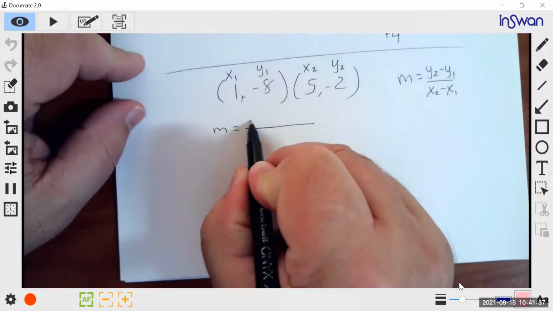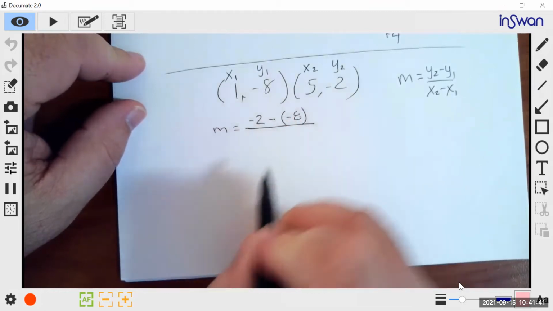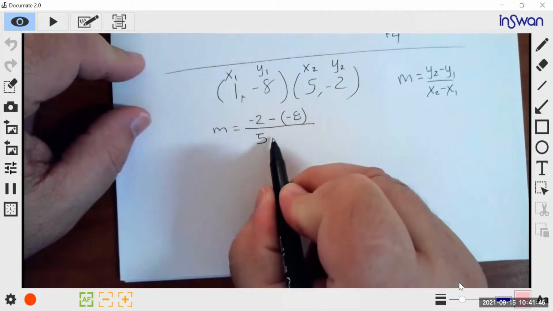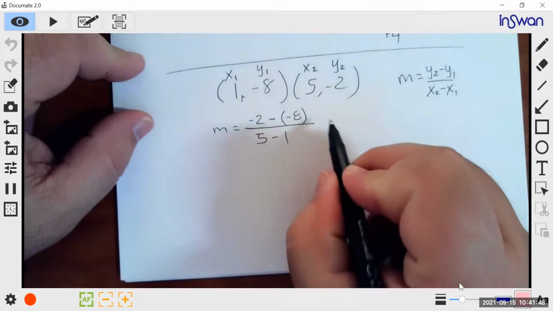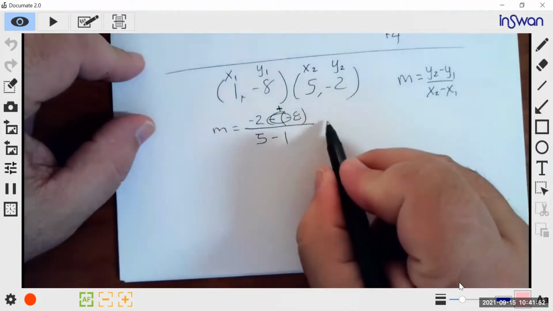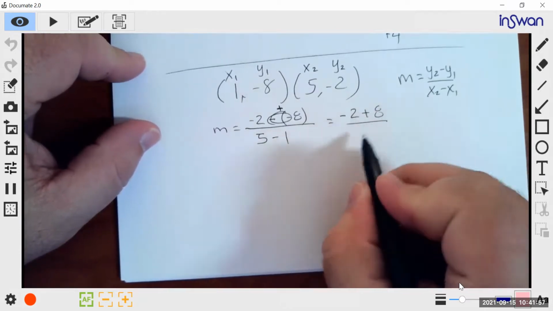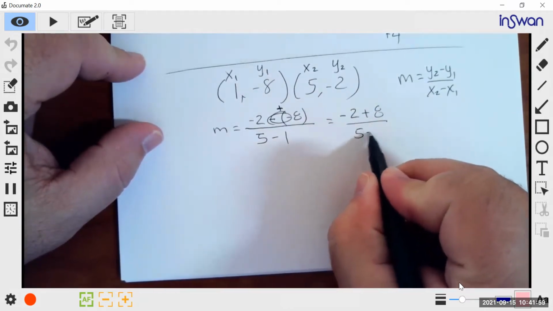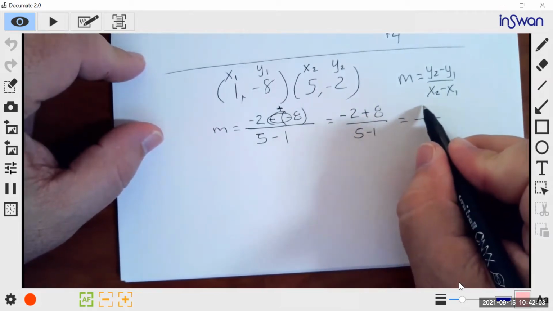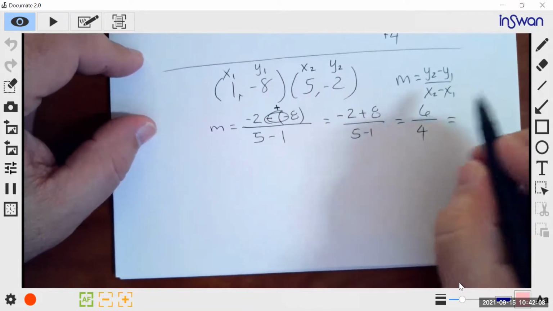So y2, -2, minus y1 is -8. I put that in parentheses. X2 is 5, minus x1 is 1. Those two negatives become a positive. -2 plus 8 over 5 minus 1. So 8's bigger than 2. The answer is positive. 8 minus 2 is 6. 5 minus 1 is 4.